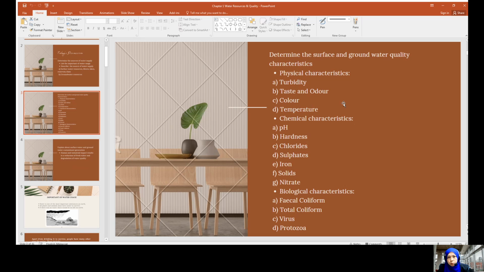I repeat, or we recap, the content of this chapter 1. First, students must be able to determine the water quality characteristics for groundwater and surface water, especially physical characteristics. We have three characteristics of water quality.